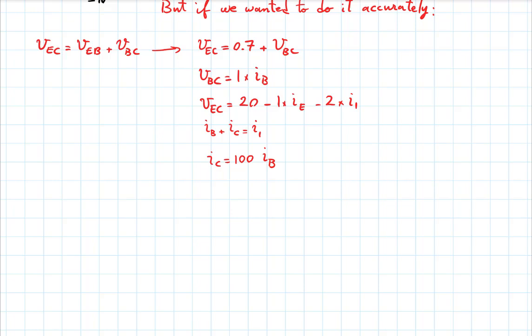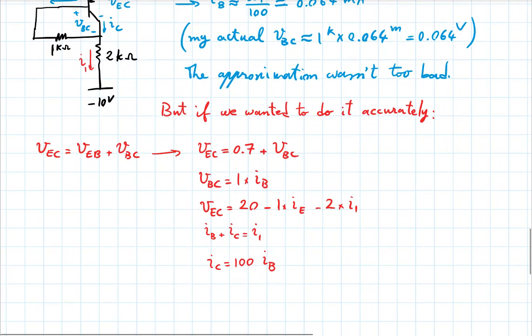Let's see if we have enough here. Unknowns are VEC, VBC, IB, IC, and I1, right? That's 5 and 5 equations.